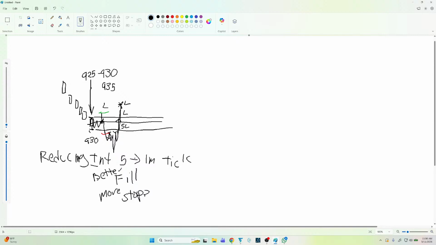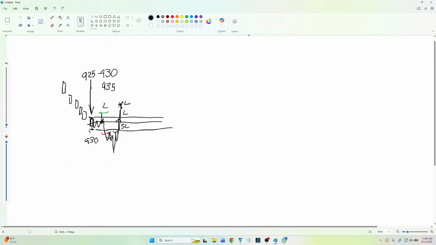All right. So one thing that I did to improve this was I said, okay, let me take the size of this candle range and multiply it by 2.